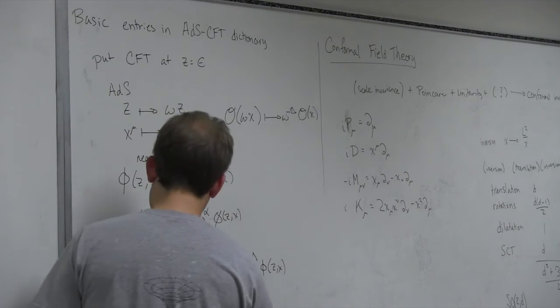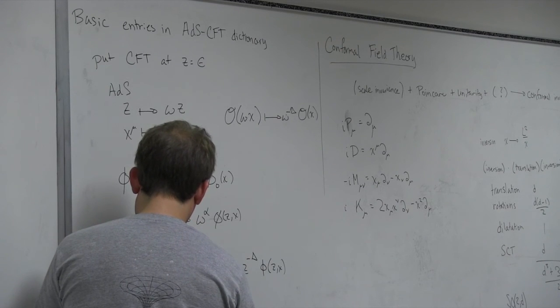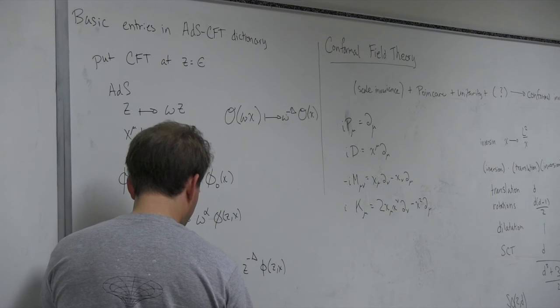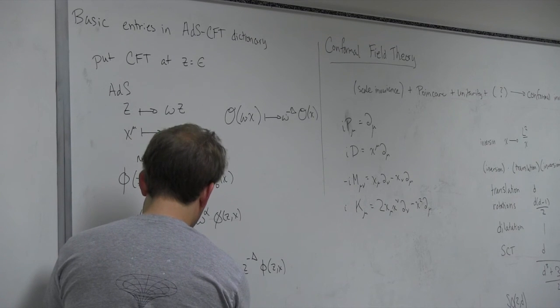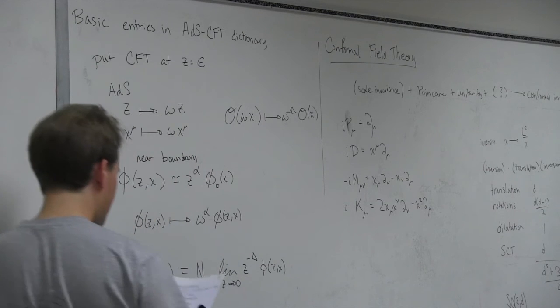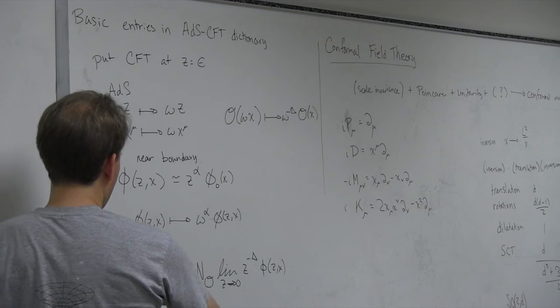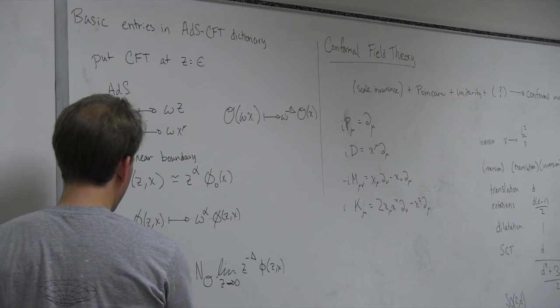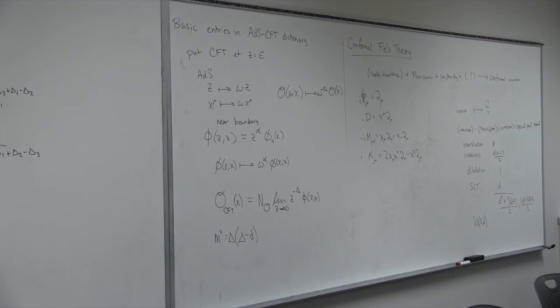Recall we had this equation that I said was important, that the mass squared was alpha times (alpha minus d), so that becomes delta times (delta minus d). And so this is telling us how conformal weights in the boundary are related to masses of particles in AdS. Okay.